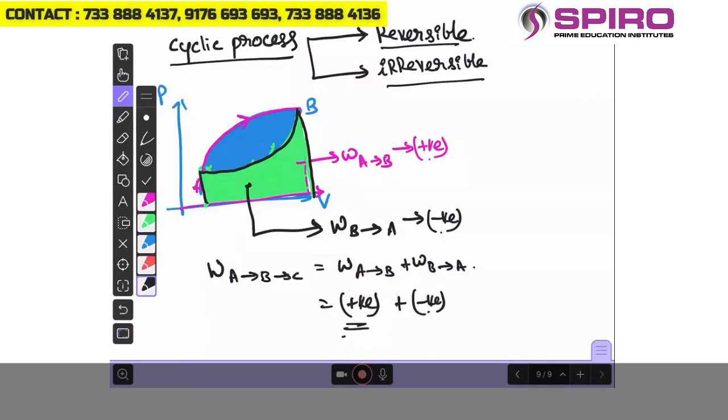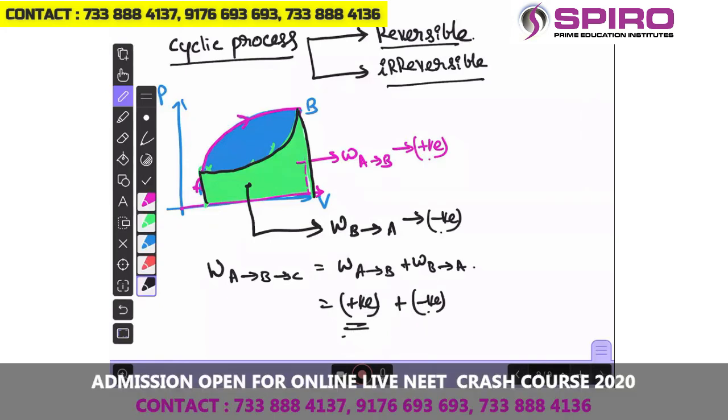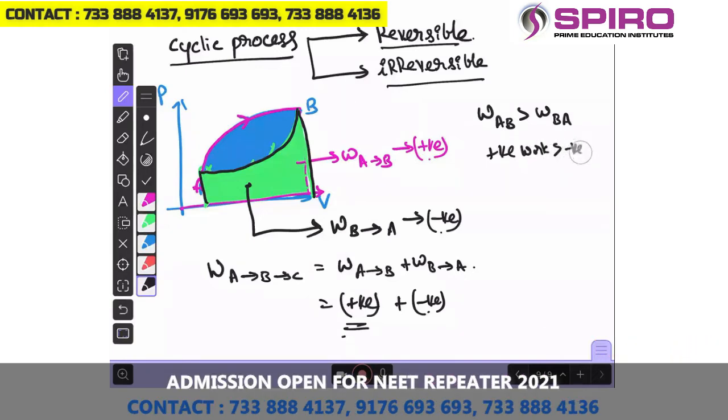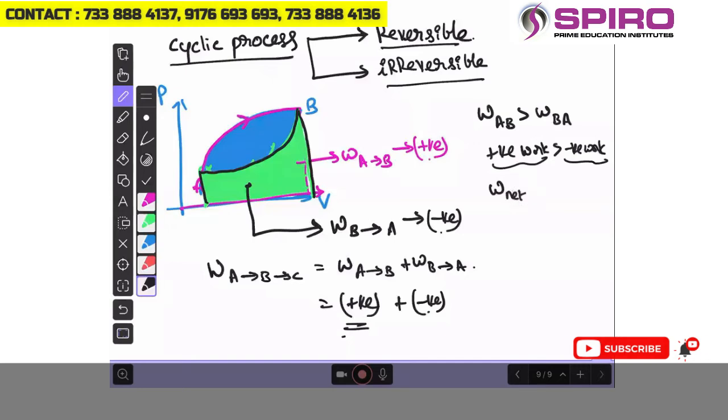So positive work is greater than negative work, so net work done is greater than 0.